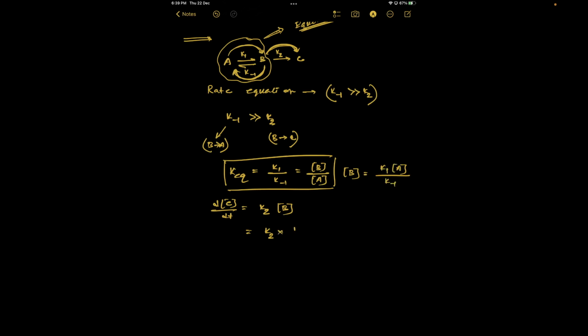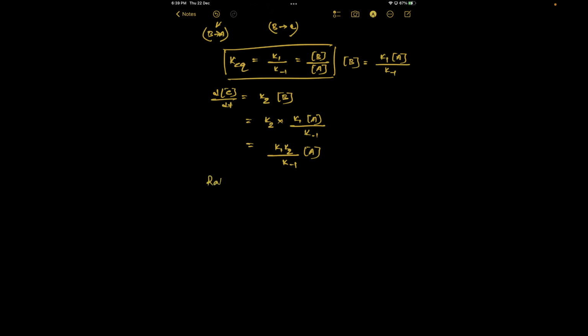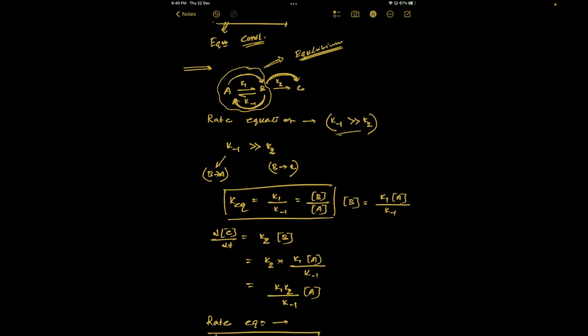So it will be K1 K2 by K minus 1 times A. So the rate equation dC/dt will be K1 K2 by K minus 1 times the concentration of A. Like this, with the proper condition, you have to find out the rate equation. Okay.